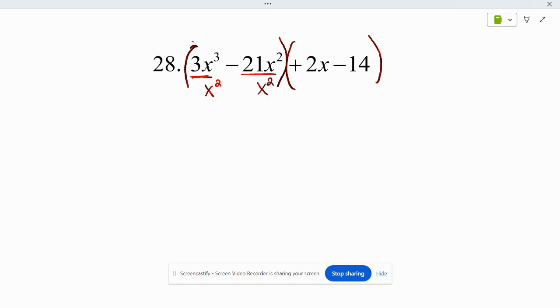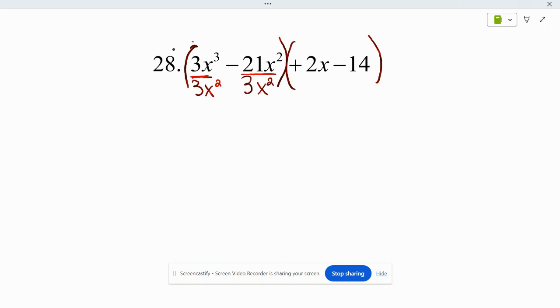Is there a number that divides both 3 and 21? Is there a number that divides both 3 and 21? 3. Yeah, good job. So we're going to take a 3x squared out of both of those terms.